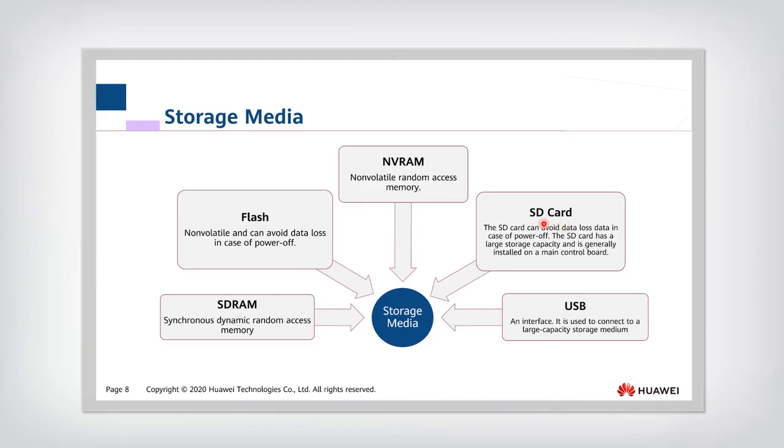Engineers can use the files in the SD card to update or upgrade the system. So the patch files are usually put in the SD card. Similarly, USB can also provide an interface for a large capacity storage medium, which is portable. You can also put the patch files or other files into this USB storage.